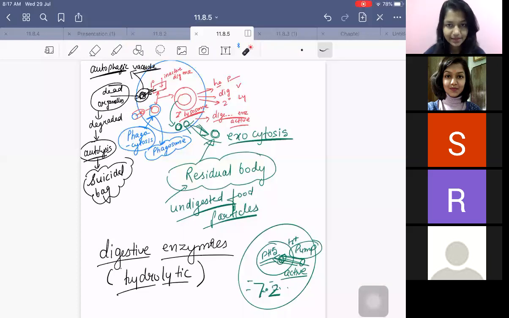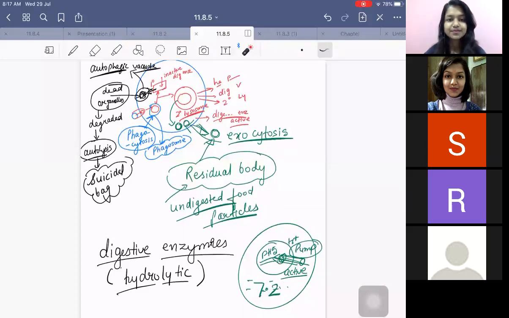Now let me see how much your concepts got clear. Check for understanding. Let's say by some means, the lysosome membrane got degraded and the content of lysosome got spread out in the cytoplasm.